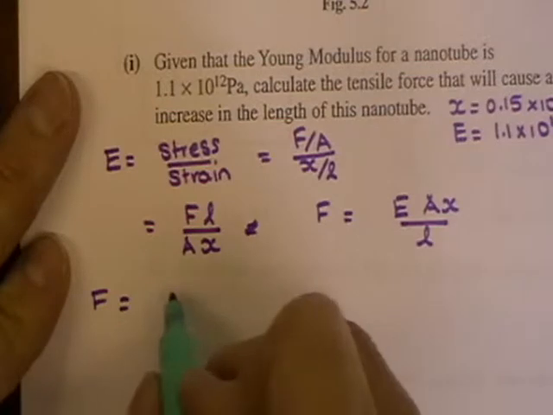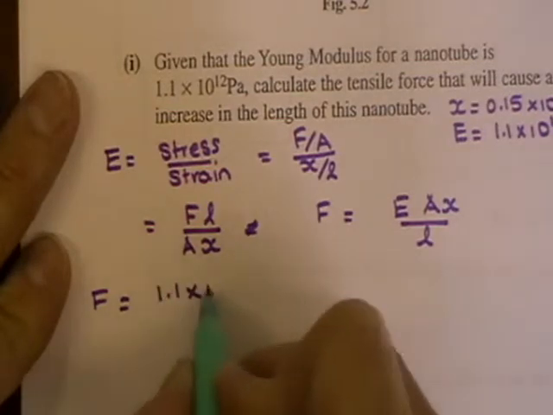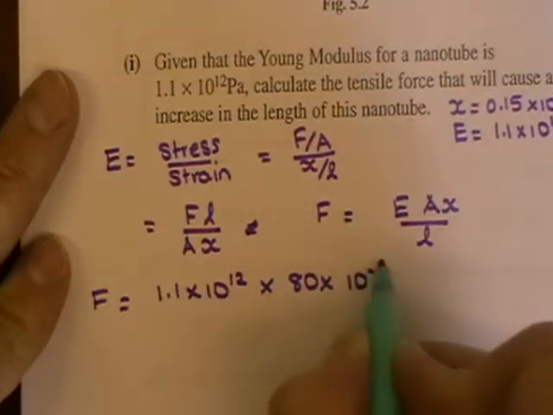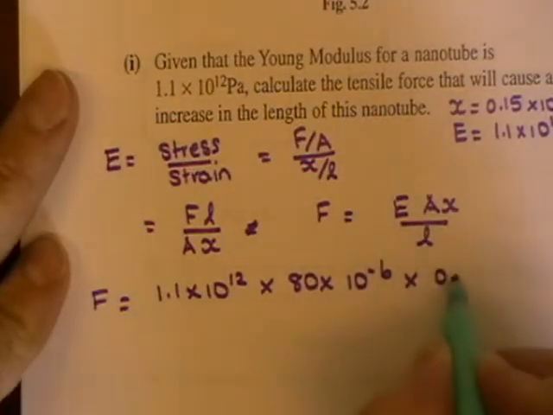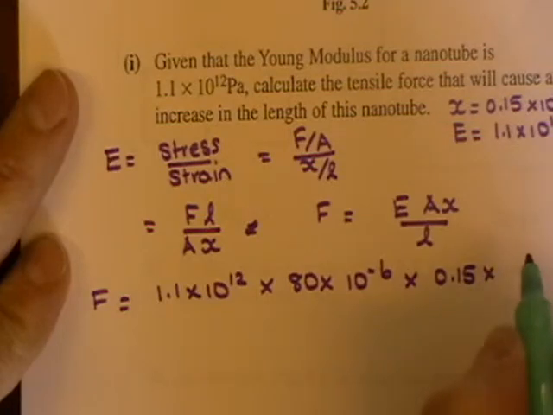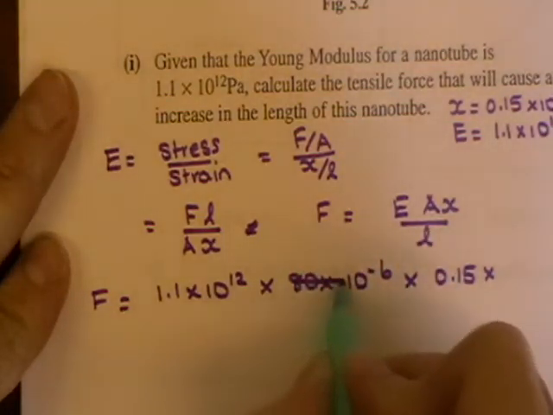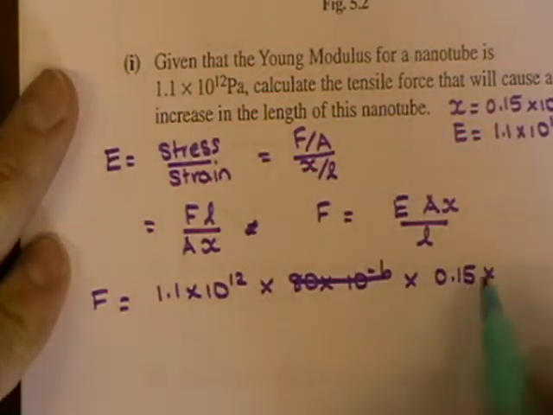So F is equal to, E is 1.1 by 10 to the 12. Length is 80 by 10 to the minus 6. X is 0.15 by 10. Sorry, that's the wrong way round. I shouldn't have put the length in there. I'd put X in there, 0.15 by 10 to the minus 6.